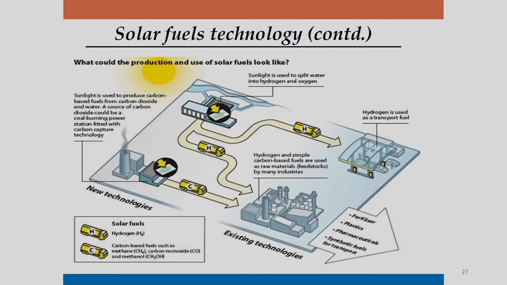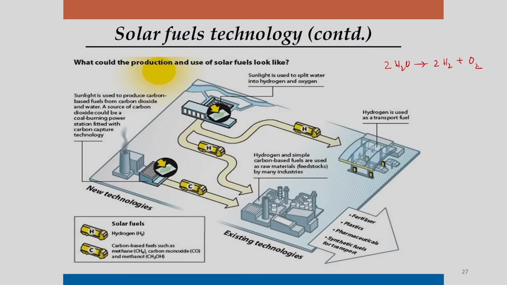Now, have a look at this figure, which represents solar fuel technology. What we can see here is that sunlight is used to split water into hydrogen and oxygen. So, if we consider H2O, it splits and converts into hydrogen and oxygen.